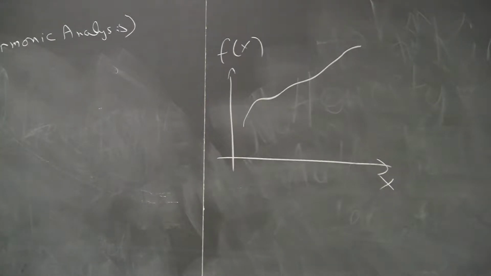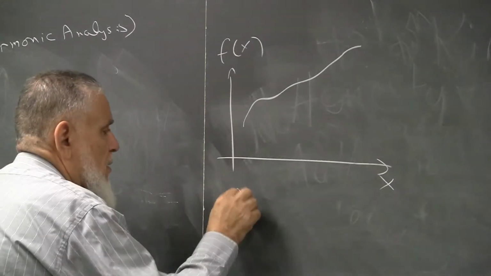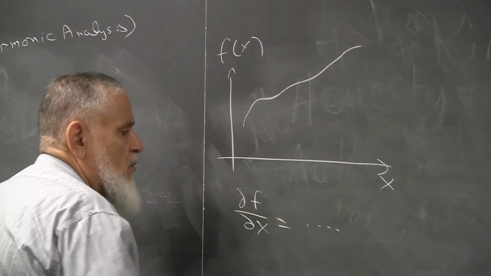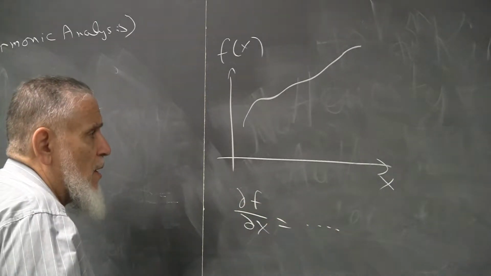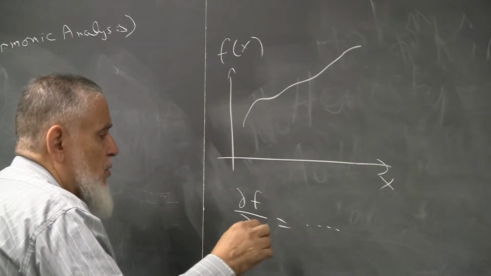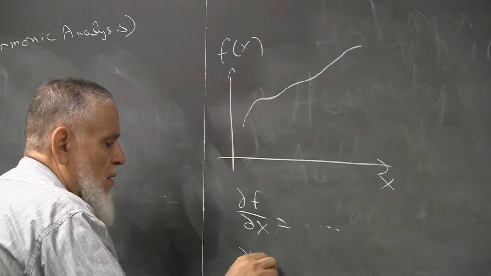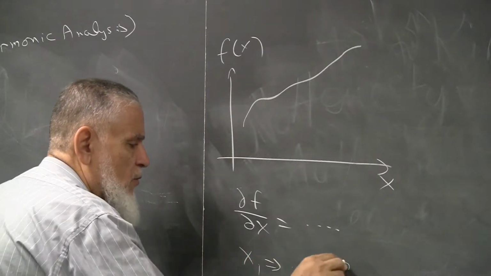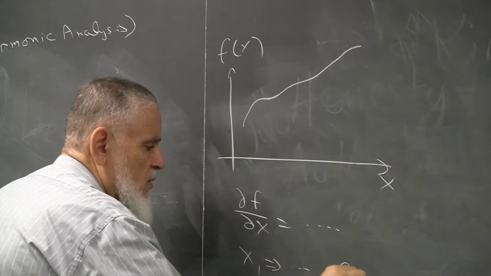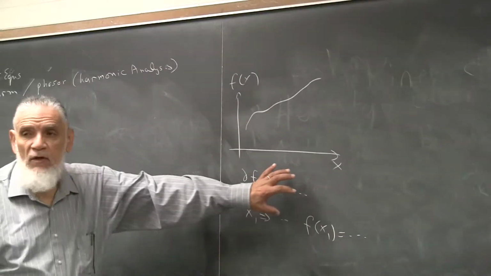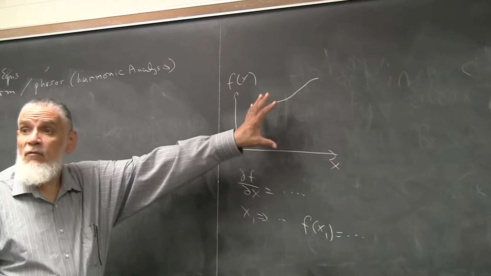The point form tells you that partial f partial x is equal to something I give you, and I give you some initial conditions or boundary conditions, that f of x1 is equal to f1. I give you that, right? So when you solve this differential equation, you can get the function.